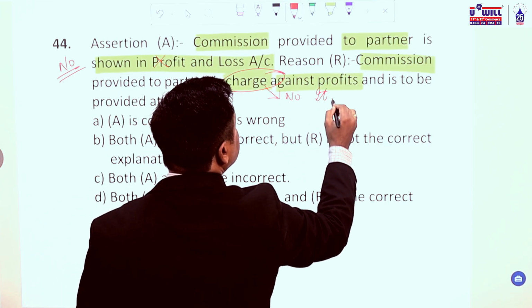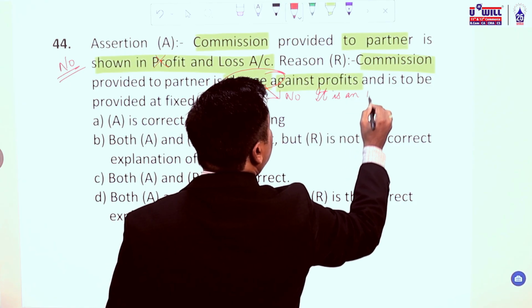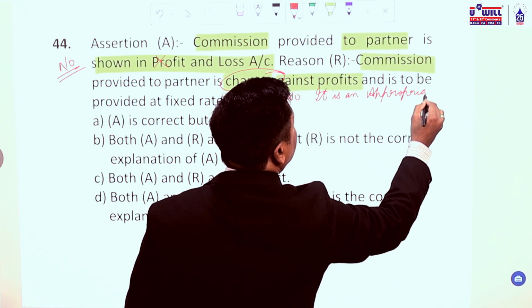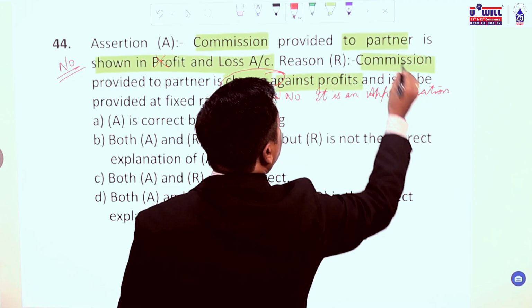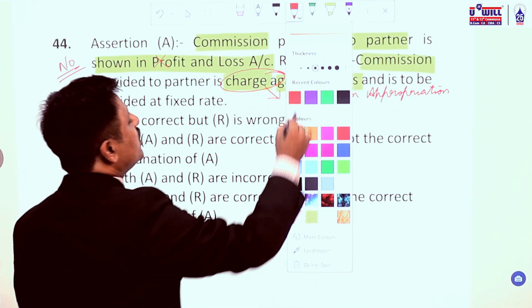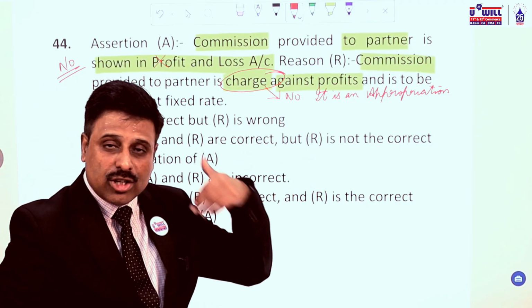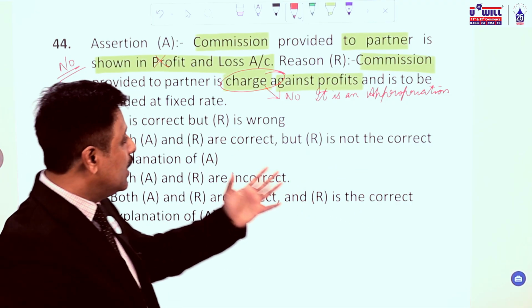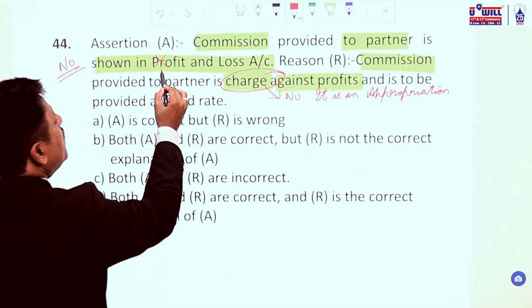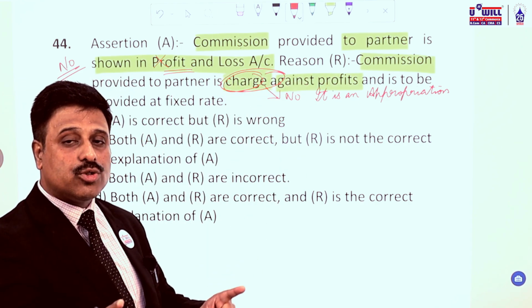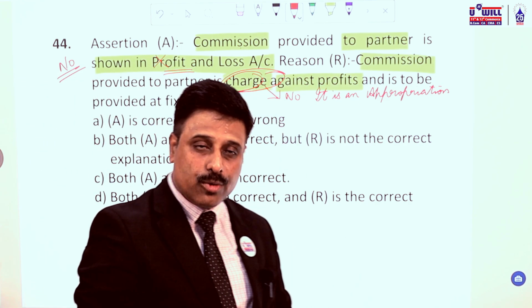It is not a charge, it is an appropriation. So this is also wrong. Assertion is wrong. Reason is also not a proper reason for assertion. Yes, we do show the things in P&L account which are charged, but commission to partner is an appropriation, so it must come in P&L appropriation account.